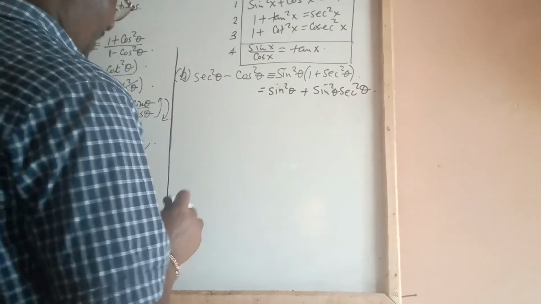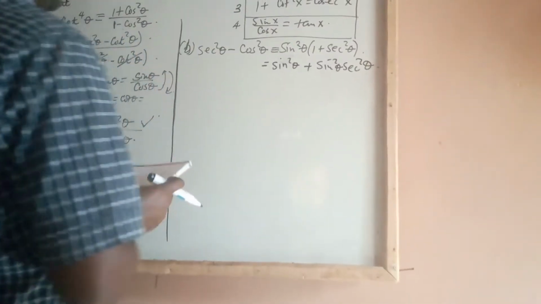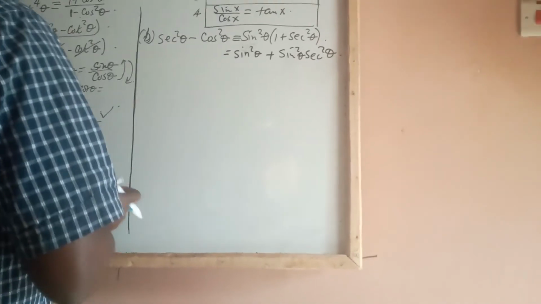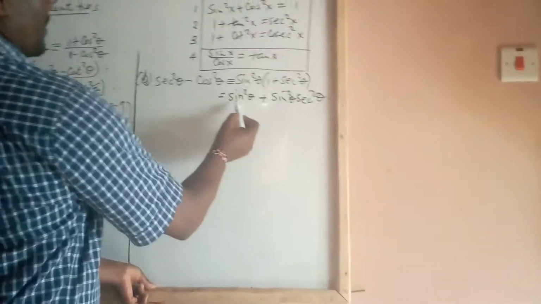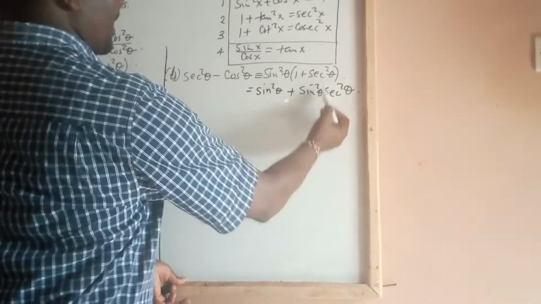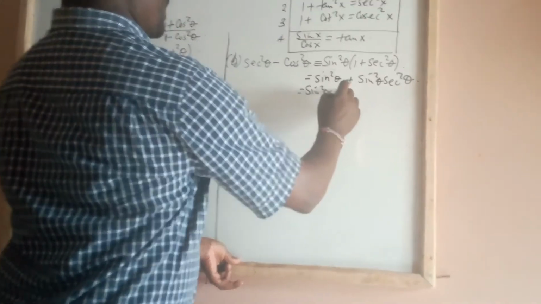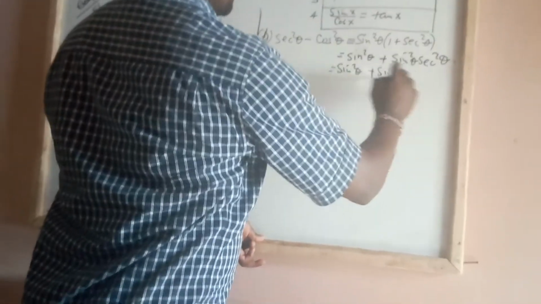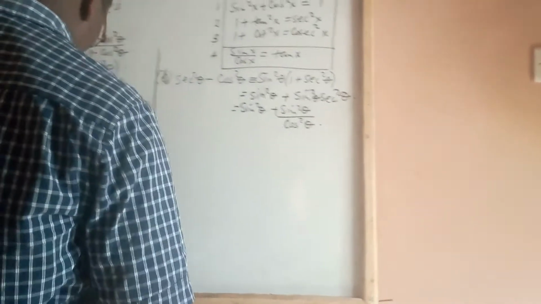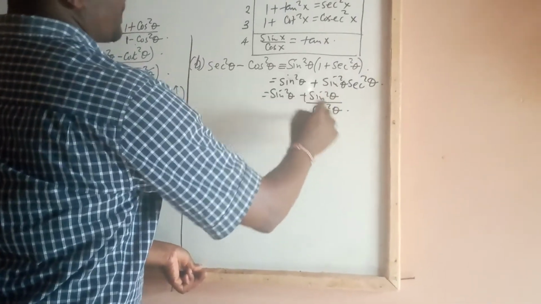And we know that sec squared theta is simply 1 over cosine squared theta. Since we are working with primary trigonometric ratios, let us make this primary too, and we have sine squared theta plus sine squared theta times 1 over cosine squared theta. This arrangement gives us tan squared theta.